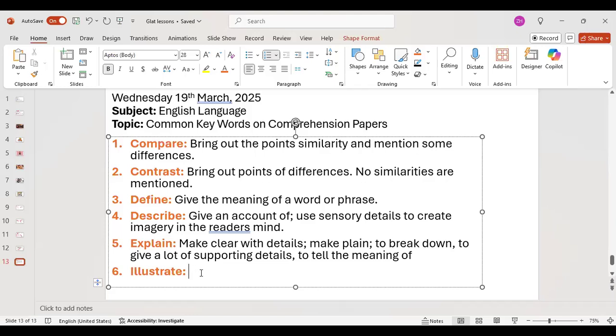Illustrate means to make it clear. So if I say, illustrate how Aunt Nadine was a good guardian, what would you say? She put a roof over my head. What else? Give supporting facts, basically.